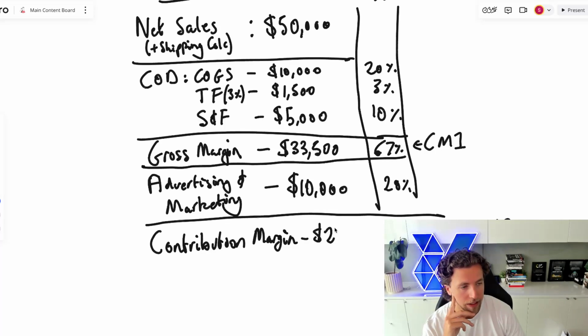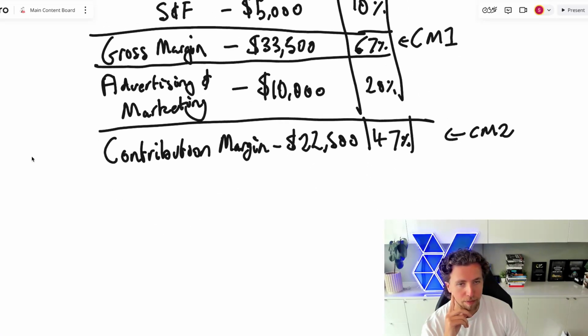And so this would then come down to $22,500. This percent we would need to double, so this would be 45%, I believe. Actually, it would be as simple as 67 minus 20, and so this would take us down to 47%.